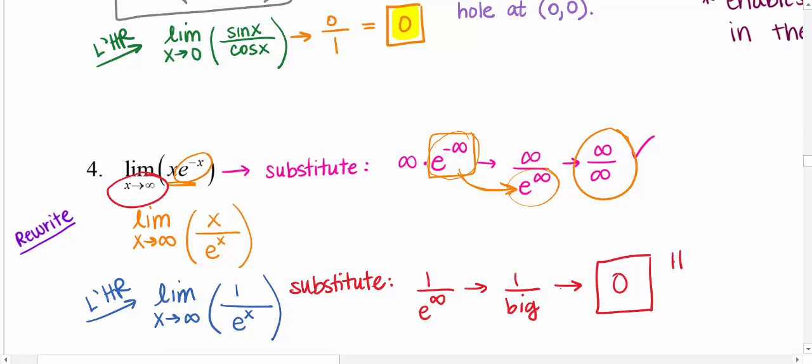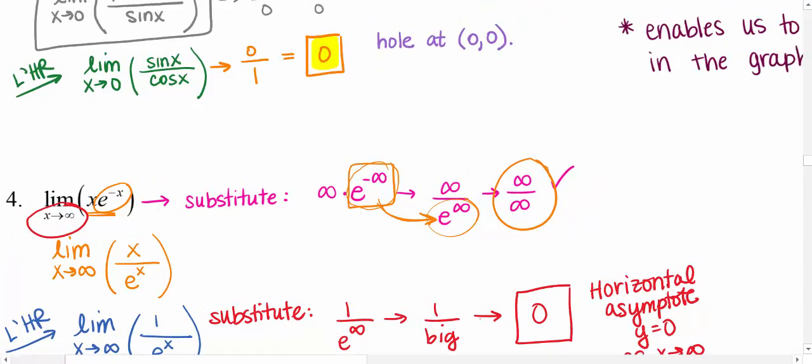So this will tell me a horizontal asymptote as x approaches positive infinity.